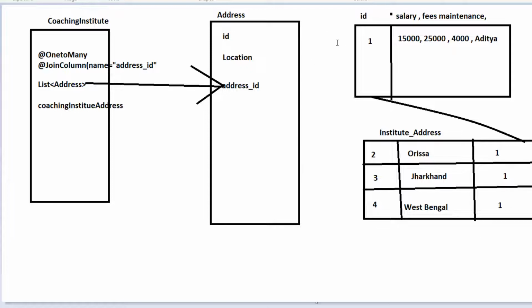We are accessing the data from coaching institute to institute address. Now we will try to access from institute address to coaching institute, and that will be known as bidirectional. Let's see how we will do that.